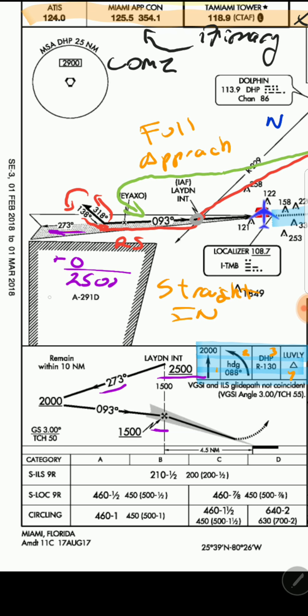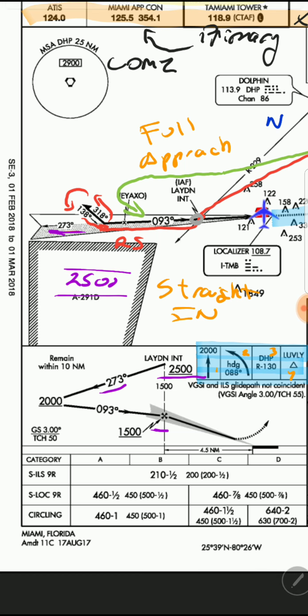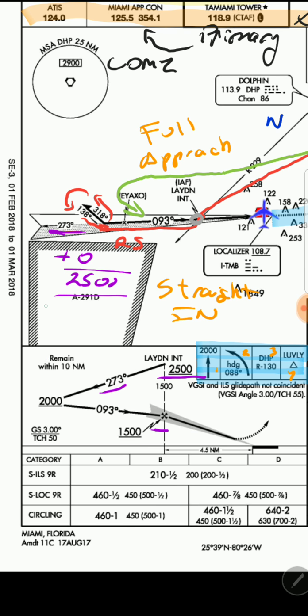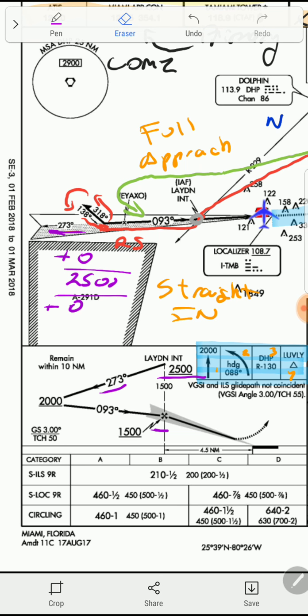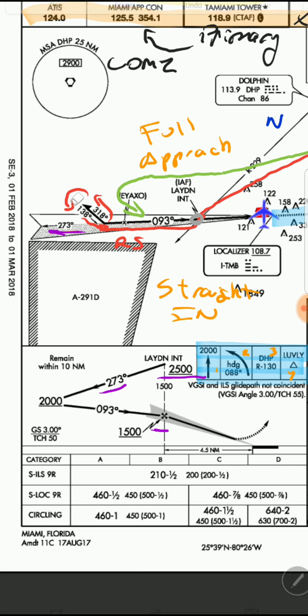If your altitude has a double line, or a parallel line, it means that you have a tolerance of plus 0 and minus 0 feet. You have to remain at 2500. And if it has nothing, no lines, it's plus 100 minus 100. Okay? So that's pretty much what you gotta do.